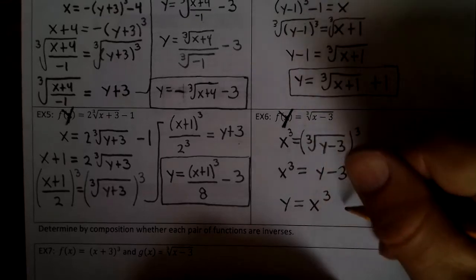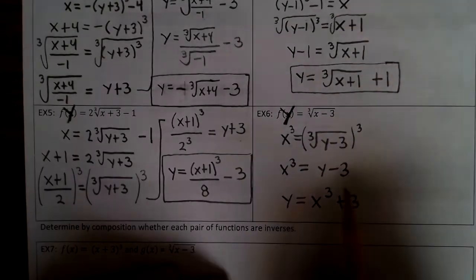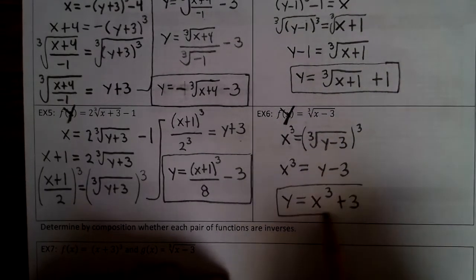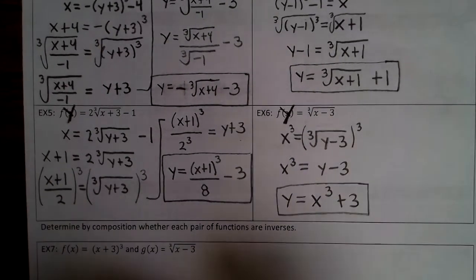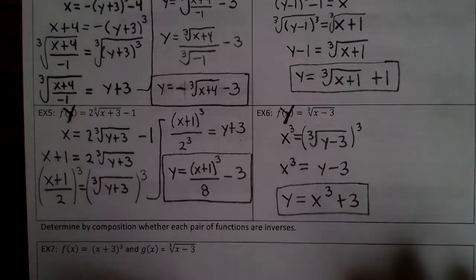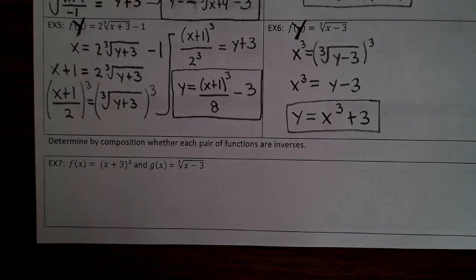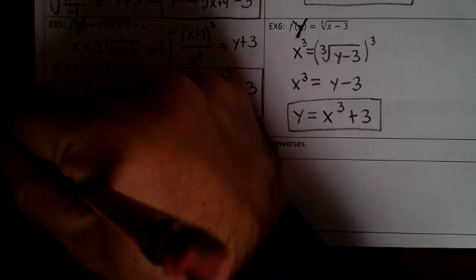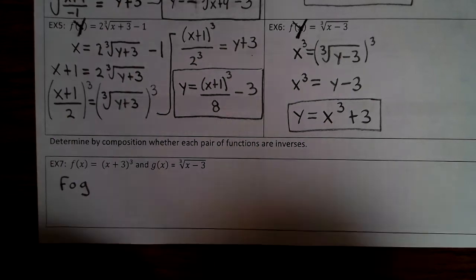All right. Last example. Determine by composition whether each pair of functions are inverses. Okay, so we do f of g first. So we're going to put all of this into that x.